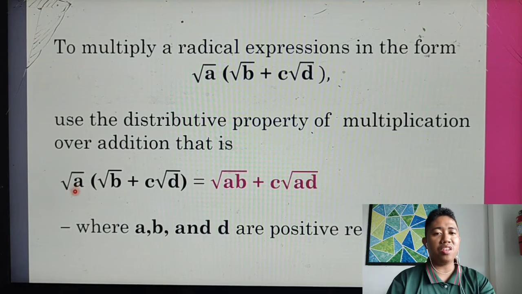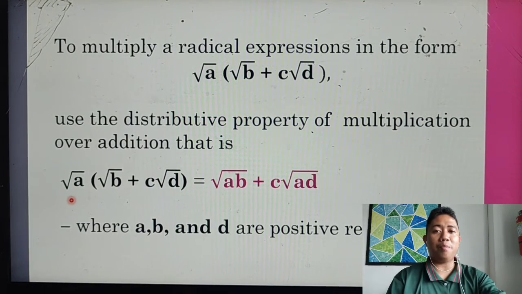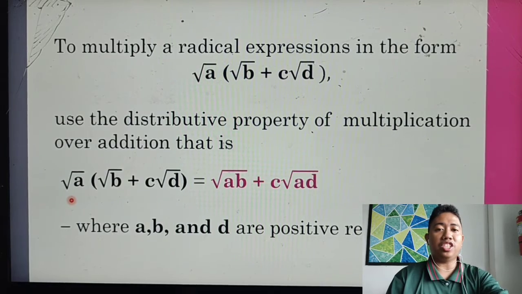The square root of A times the quantity square root of B plus C square root of D is equal to the square root of AB plus C times the square root of AD, where A, B, and D are positive real numbers. So we all know that this is the process of multiplying radicals using the distributive property of multiplication.